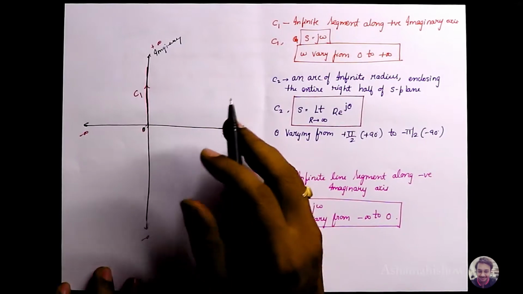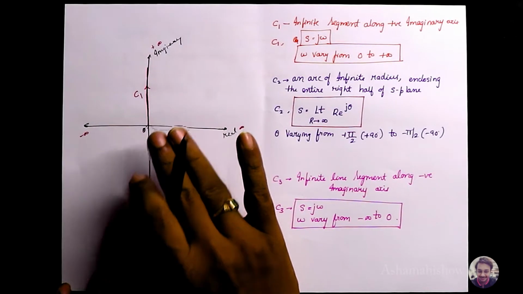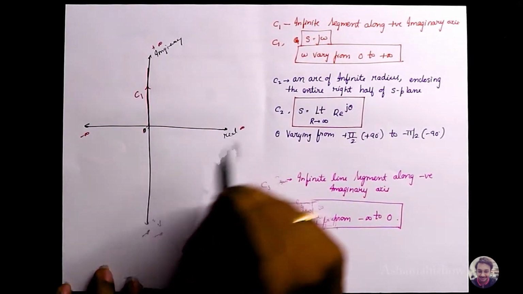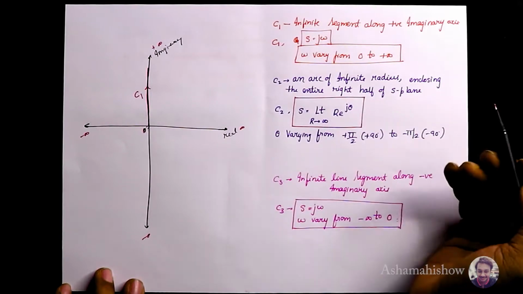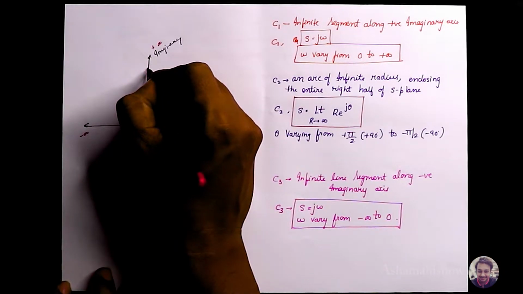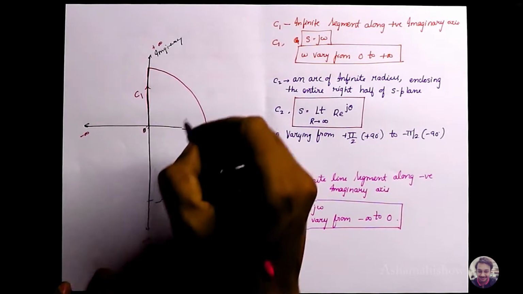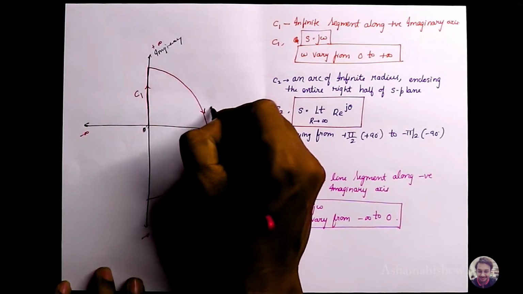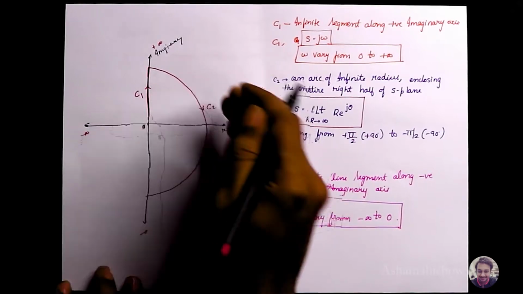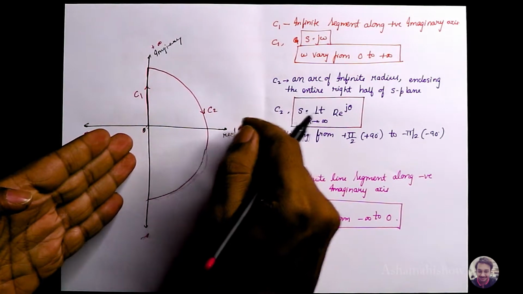Then, as we said, the contour should cover the entire right half s plane. So we have taken C2. C2 is an arc of infinite radius, enclosing the entire right half of the s plane. So let us draw that arc, C2, and it covers the entire right half s plane. We will be minimizing this s plane to here only because it's infinity, so it goes on like this.